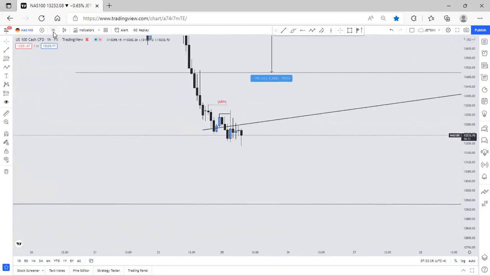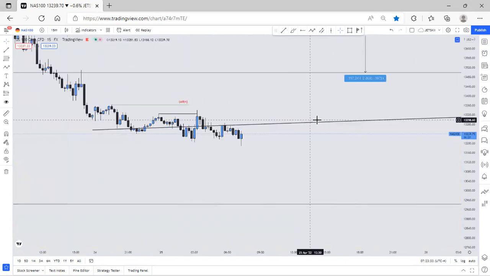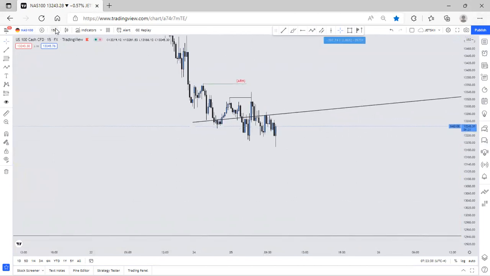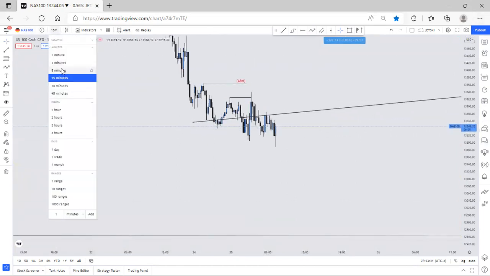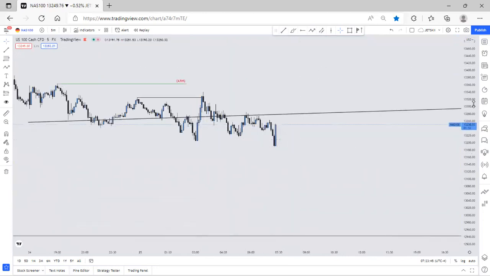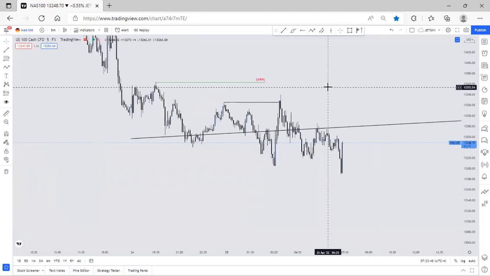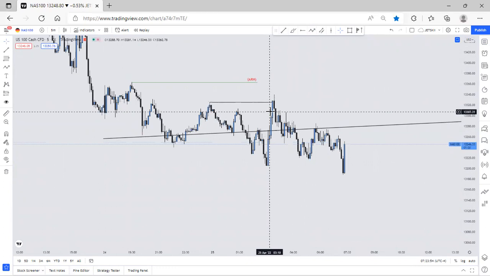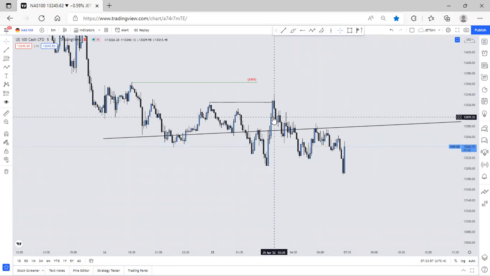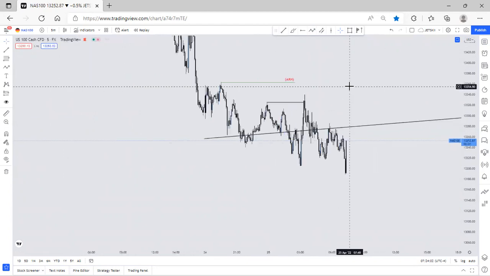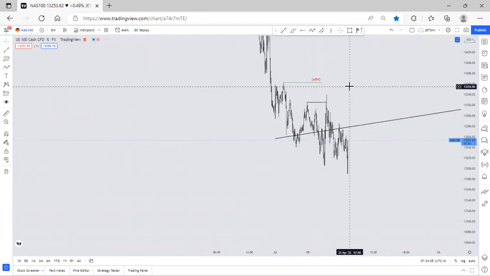Let me go straight to M15. I think it was M15, M5. Yeah, it was on M5. So now what was happening? I think it disappeared. There was a setup. I got involved there, right? That last candle, my target was here. I don't know why it disappeared.